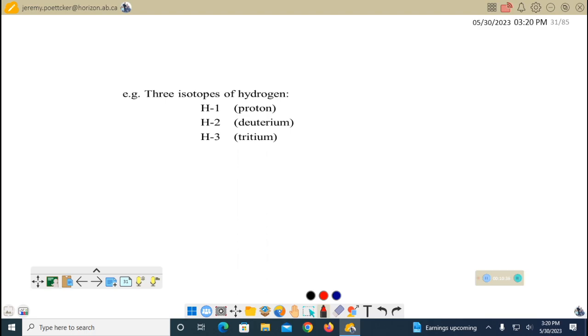So for example, hydrogen, the simplest element, has 3 isotopes. There's common hydrogen, which is basically just a proton by itself. Hydrogen 1 is the proton by itself. Hydrogen 2 is deuterium. This would be used in nuclear reactors to make heavy water.